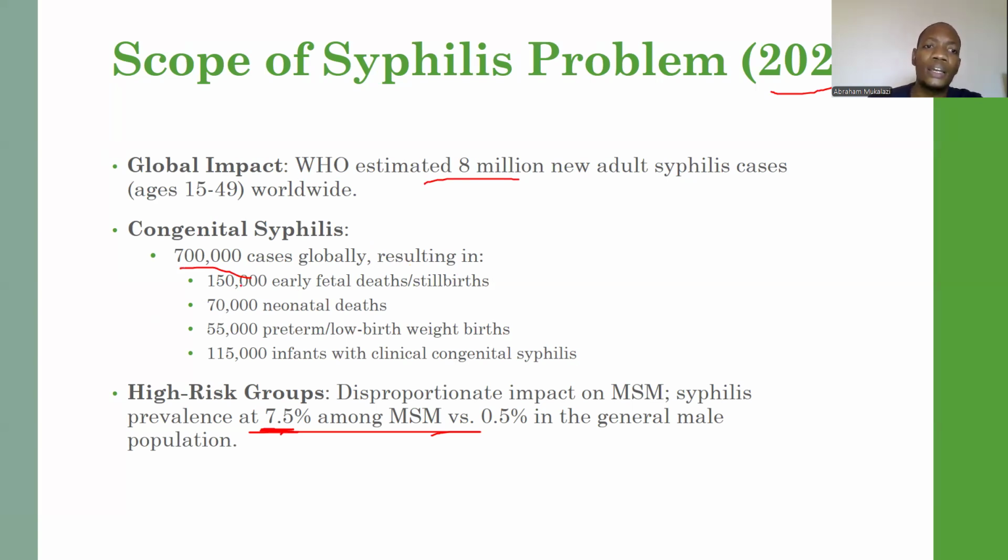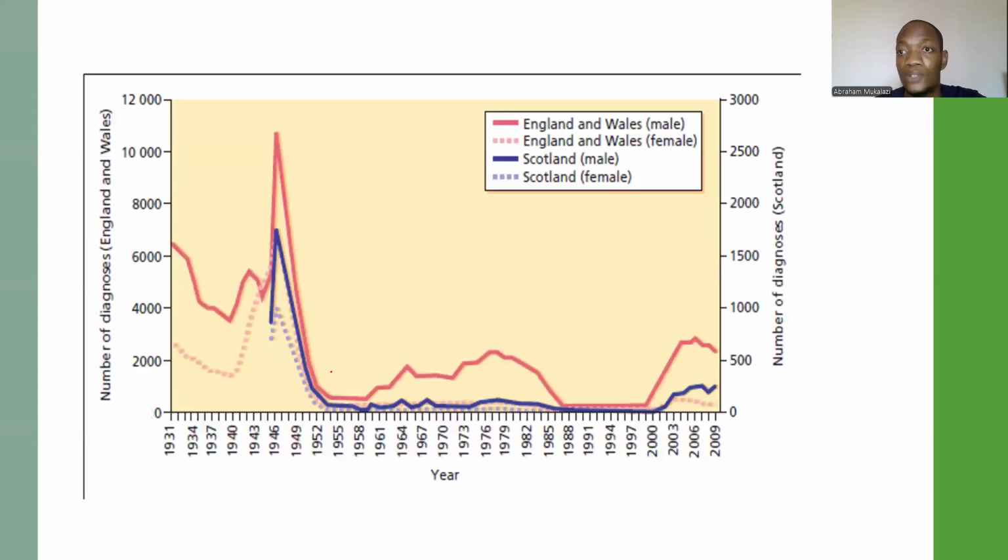So in this case, they showed that about 150 cases were early fetal deaths and stillbirths because of syphilis, and then 70,000 were neonatal deaths, and about 55,000 were preterm and low birth weight children, and about 115 were infants with congenital syphilis. That was about 2 years ago. So meaning that the burden still exists, and you need to know how to manage and treat and prevent a spread of this bacterial infection.